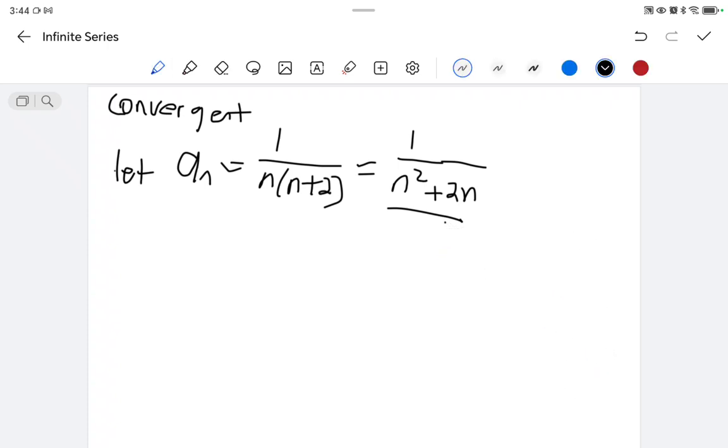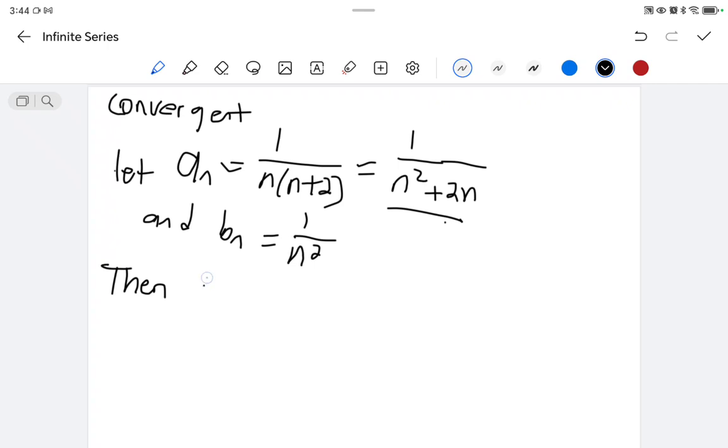So we let a of n be that, and b of n be equal to 1 over n squared. Then we want to apply the condition. The first thing we can check is a of n less than b of n. Yes, we did check that.